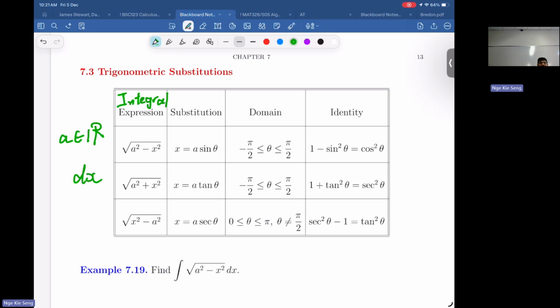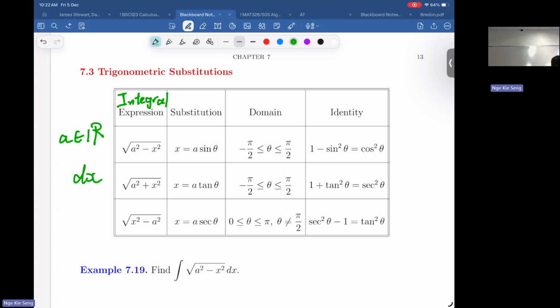So why do we do this kind of substitution? Can you think of any relation between angle and this square here? What's the relation? Right angle triangle. You should remember that whenever we talk about sine and cos, this tangent, it is like the opposite side over the adjacent side, or the adjacent over the opposite, or the hypotenuse.